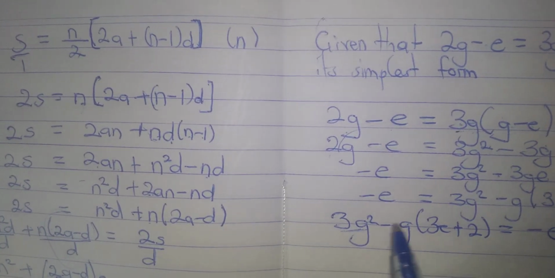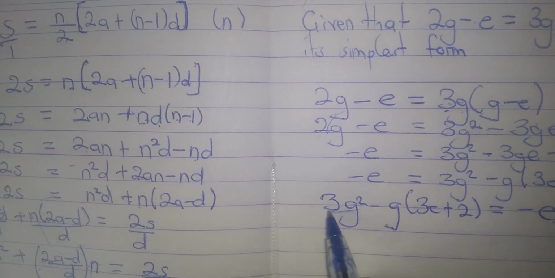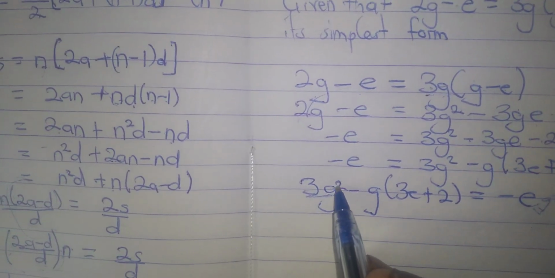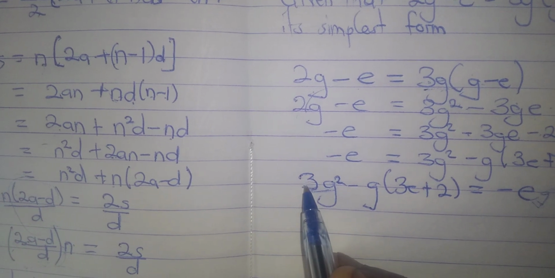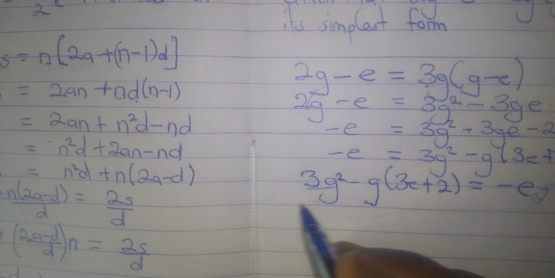It's just a constant. And when you're completing squares, make sure that the coefficient on this degree 2, which is our 3 now, has to be removed, it should be 1. So divide throughout by that 3.